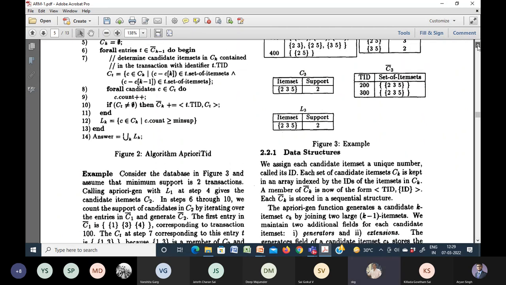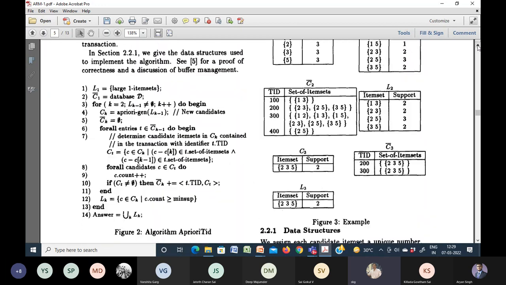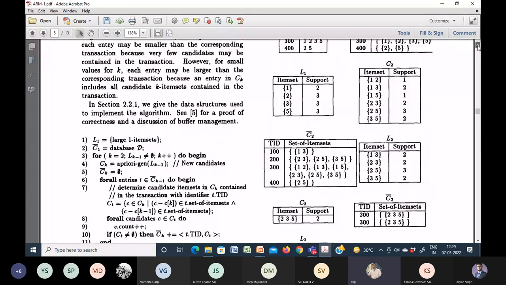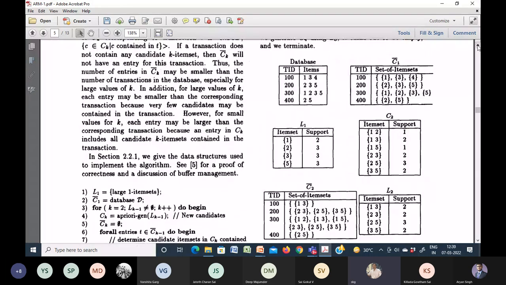This is my overall transaction database. There are 4 transactions with transaction IDs 100, 200, 300, 400. The items for transaction 100 are I1, I3, I4. For transaction ID 200, the items are 2, 3, 5.